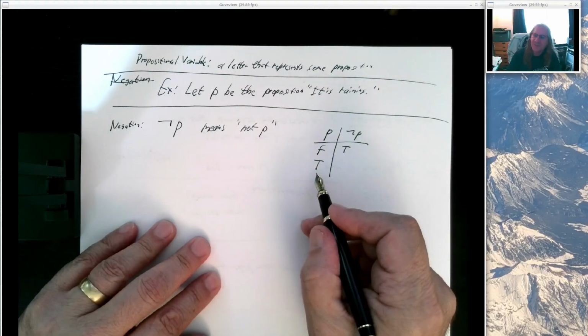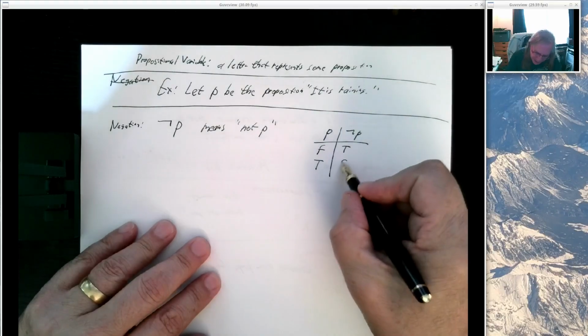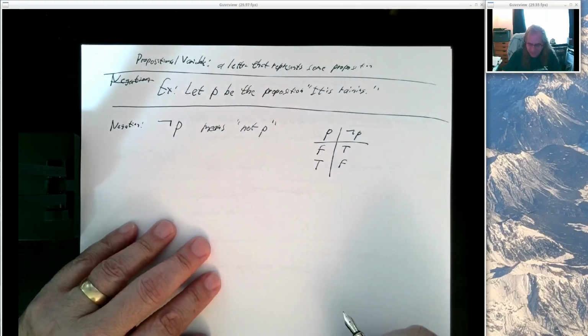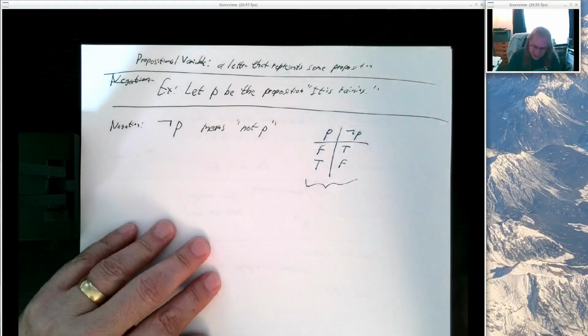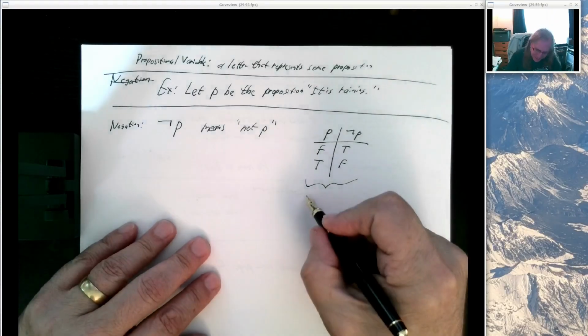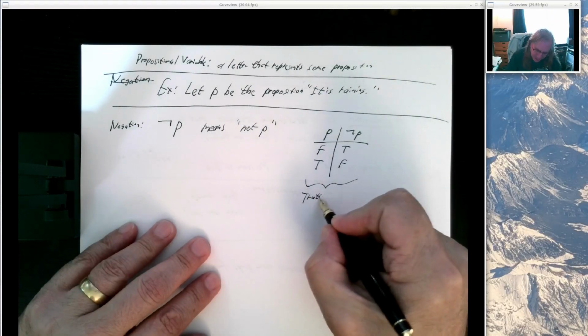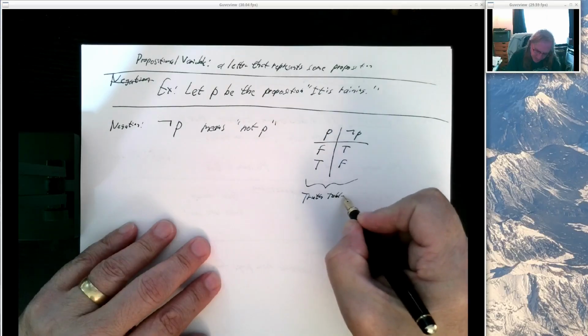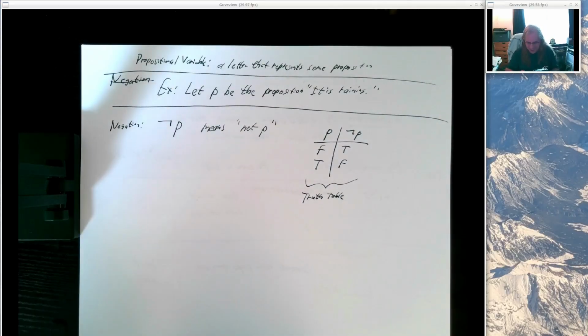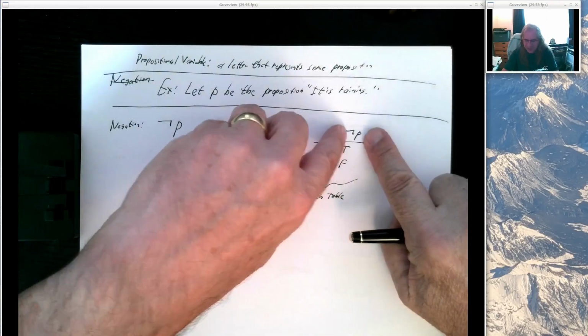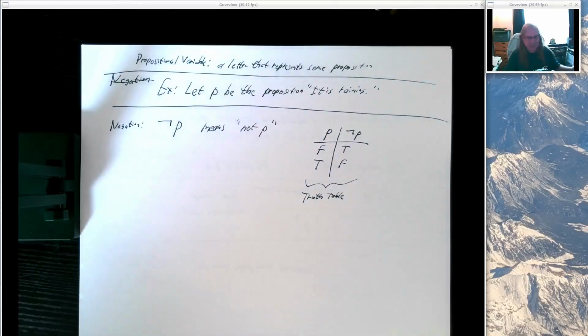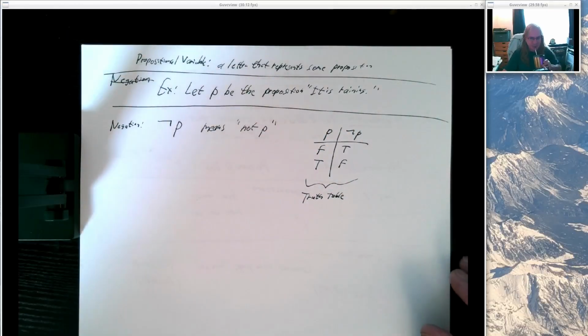And if the proposition P is true, then the negation is false. And you should recognize this again from Engineering CSE 250. This is what we call a truth table, because it's a way to sort of understand the truth of this proposition based on the truth of its input, if you like, this proposition P.